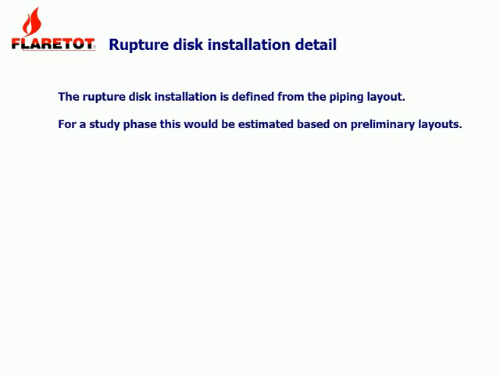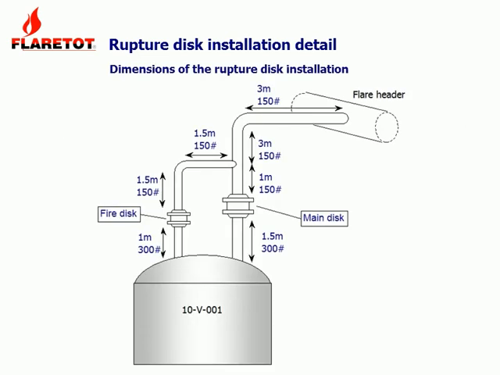In a study phase, this would need to be estimated based on preliminary equipment and flare header locations. This drawing shows the dimensions of the rupture disk installation. Note that it is also included with the tutorial documentation.